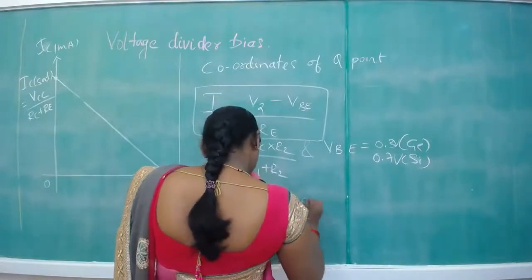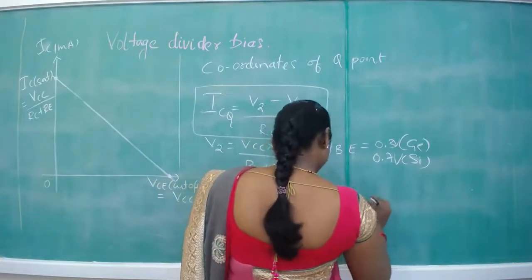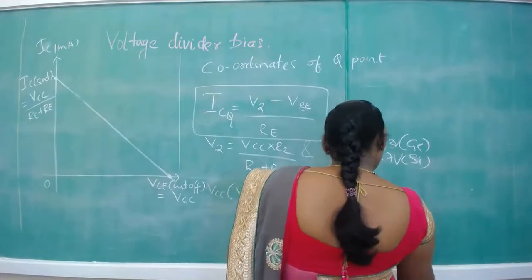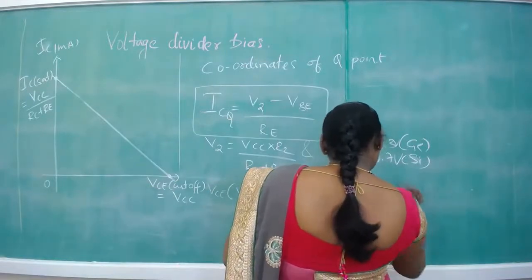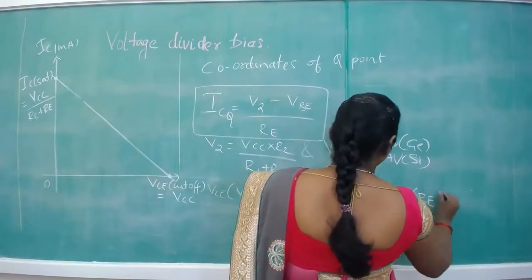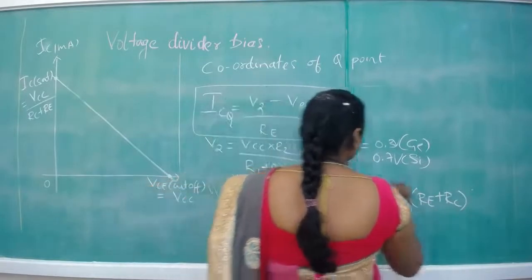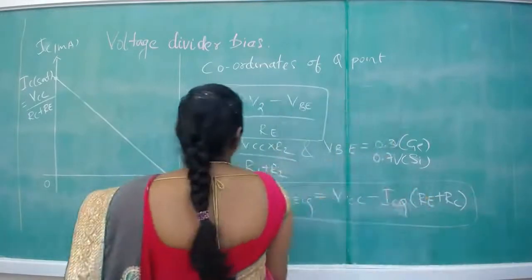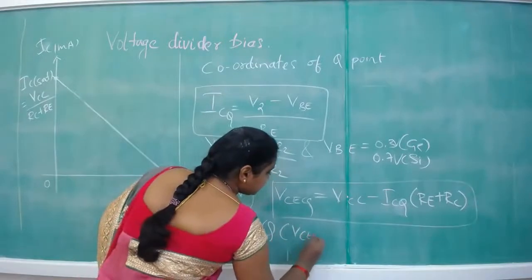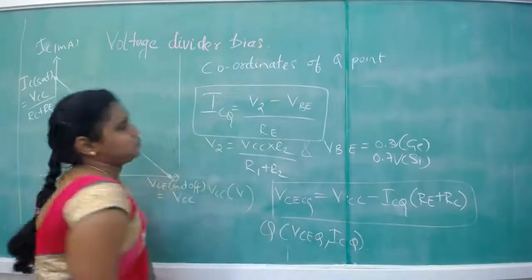Whereas VCEQ is VCC minus ICQ into RE plus RC. These are the Q point coordinates, right? The Q point is given by VCEQ, comma ICQ.